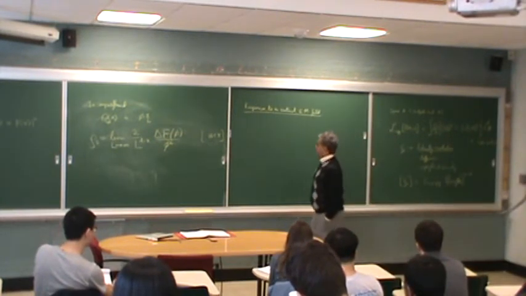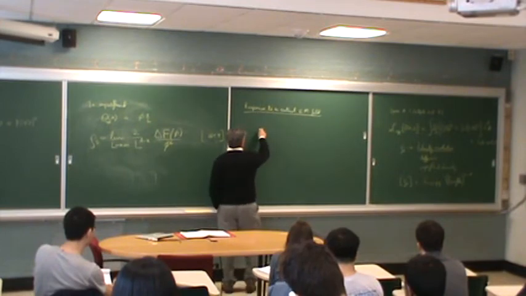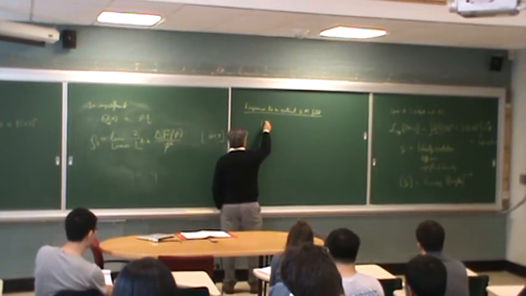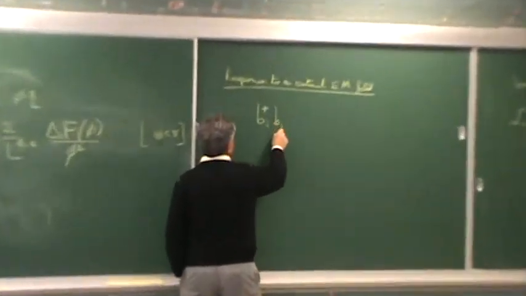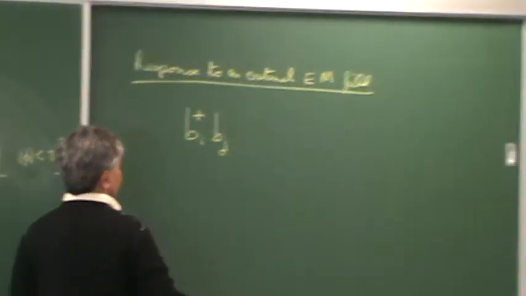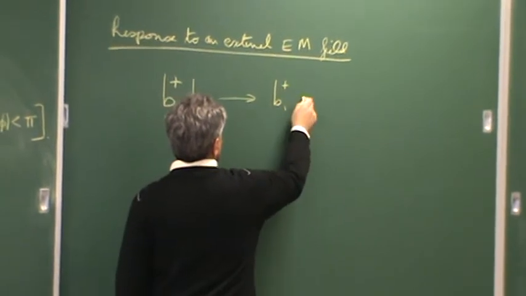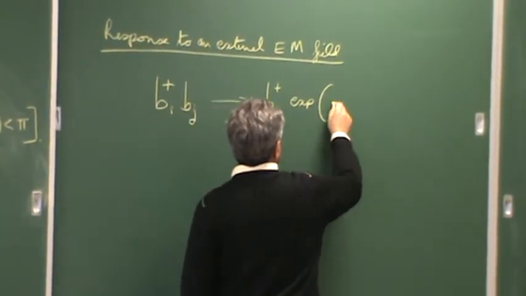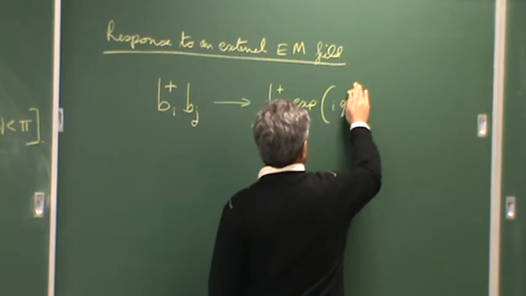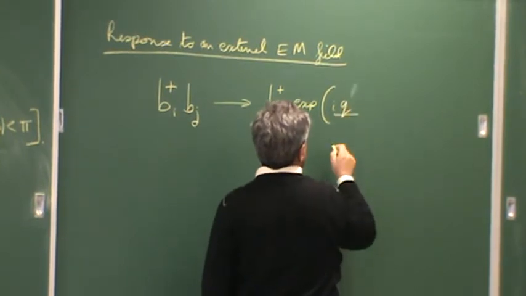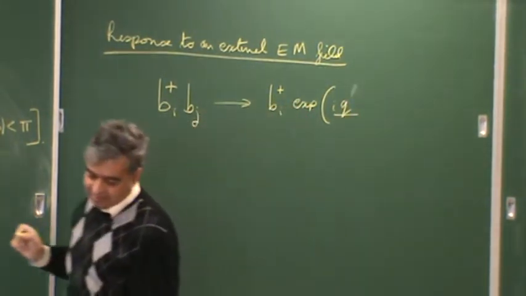So in the presence of a magnetic field, I'm going to assume you've seen this kind of thing before. This hopping term, b dagger i b j, and I'm just going to have the vector potential here. I want the scalar potential to go to b dagger i exponential i Q, okay, I want to get all gauge invariance and so on, right?